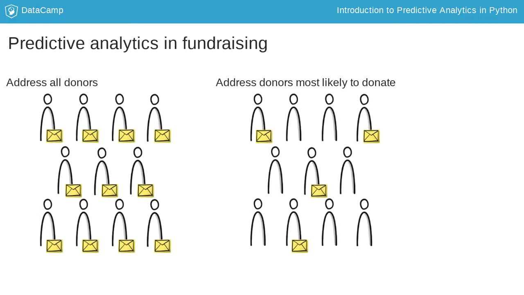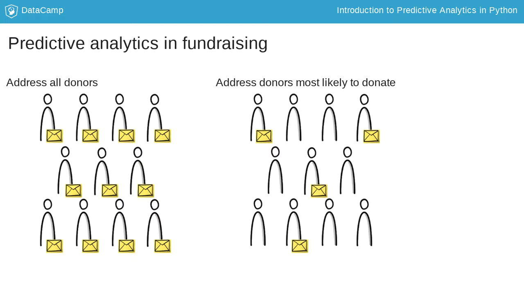First, let's get a better understanding of what predictive analytics entails. Consider the example of a nonprofit organization. This organization has a donor base with people that have donated in the past. Assume that the organization wants to send a letter to their donors to ask to donate for a specific project. One option would be to send a letter to all the candidate donors.